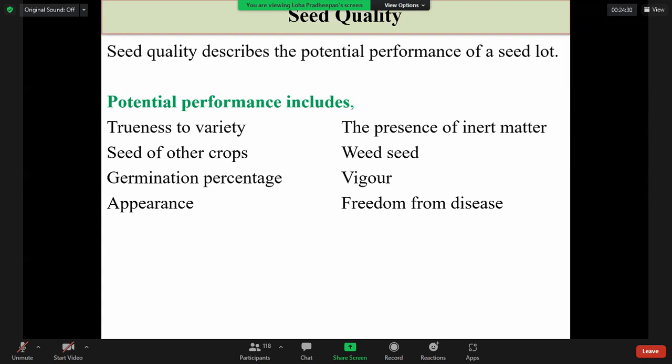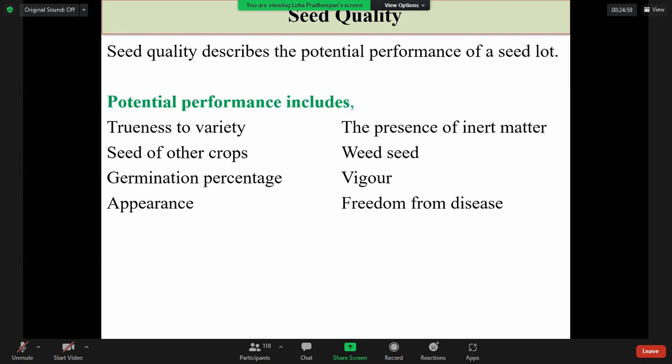Trueness of the variety, the presence of other seeds, germination percentage, the appearance of the seeds, the presence of inert matter, weed seed, vigor, and freedom from pest or disease. In potential performance, we look into how much of these materials are available.